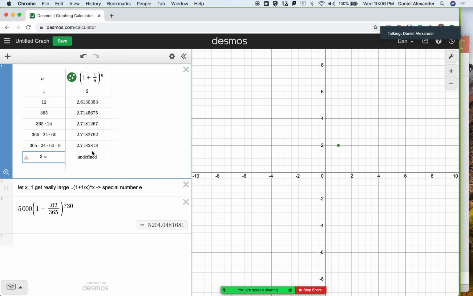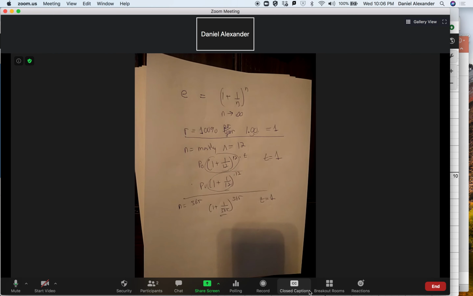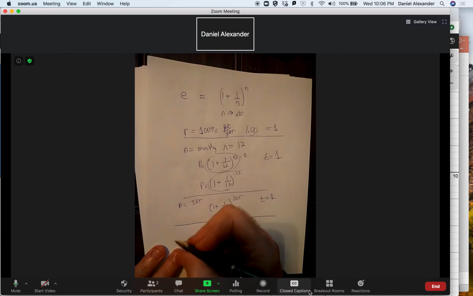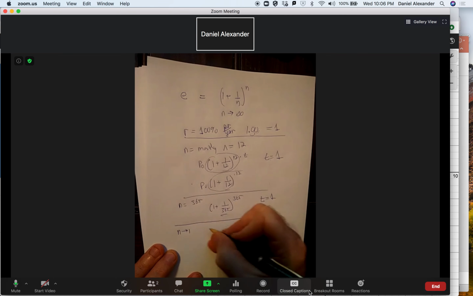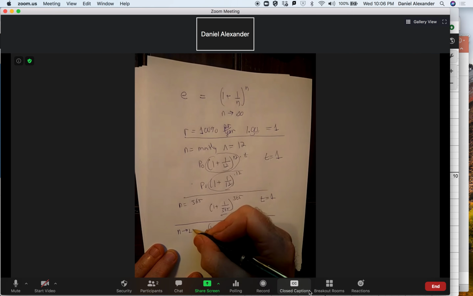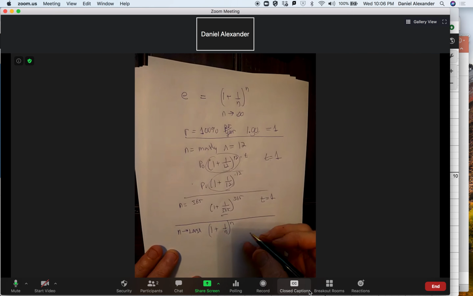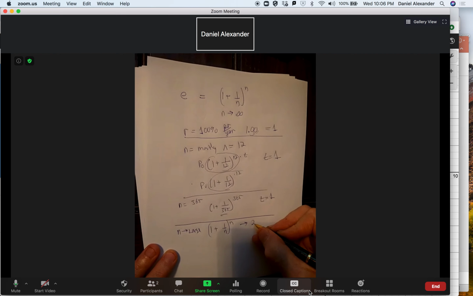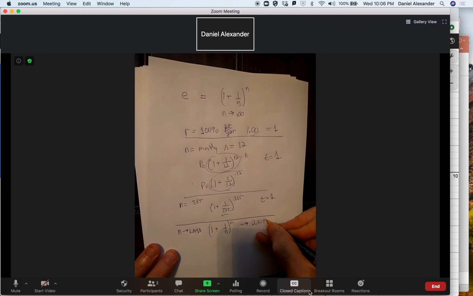So anyway, I'm going to go back now. My point there is that this number, 1 plus 1 over n to the n, grows quite a bit. If we let n get really large, we saw that it approached about 2.71828.